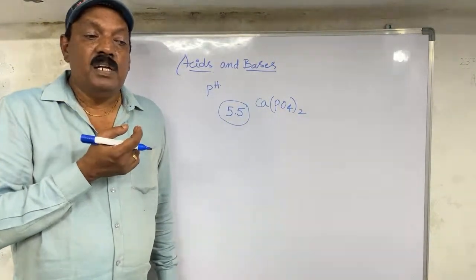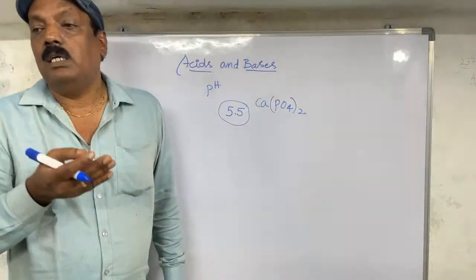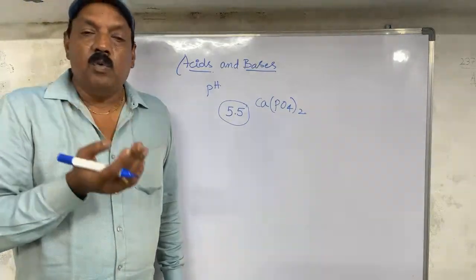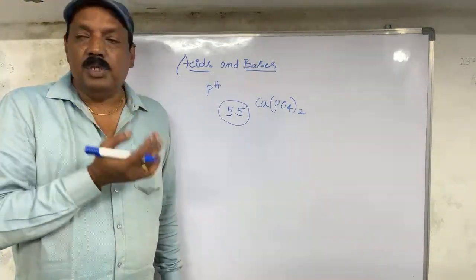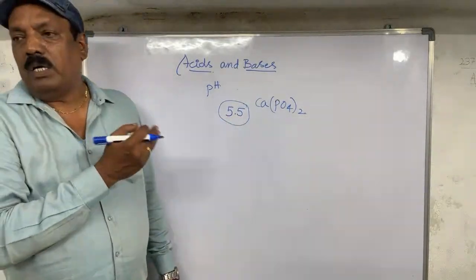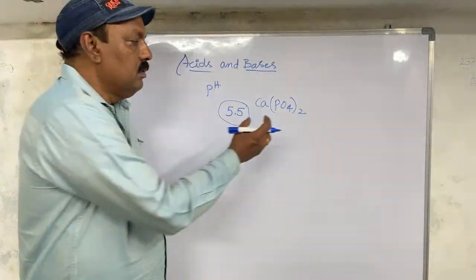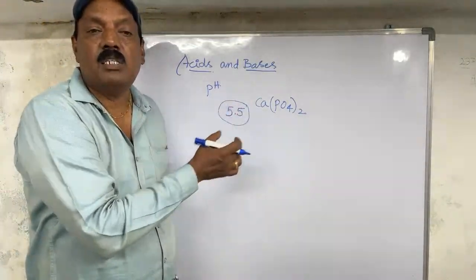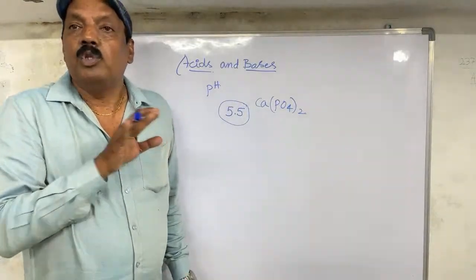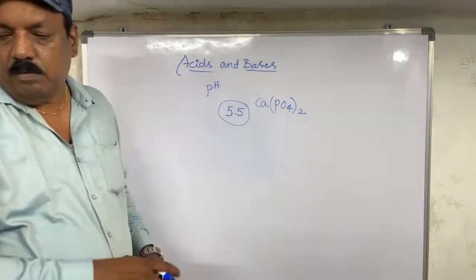To avoid that, we keep drinking certain water, coconut water and other diluted things to bring the pH value greater than 5.5. If the pH value in our mouth is greater than 5.5, the tooth calcium phosphate is safe, and no tooth problem is going to come. That is the reason it's important for our case.